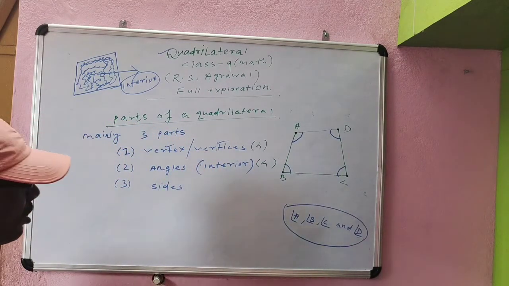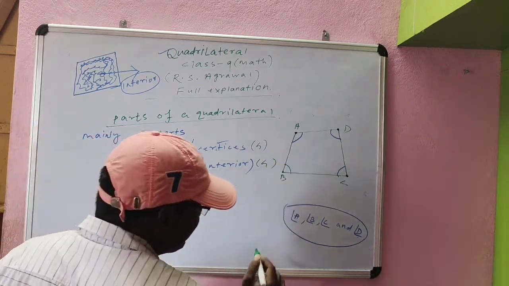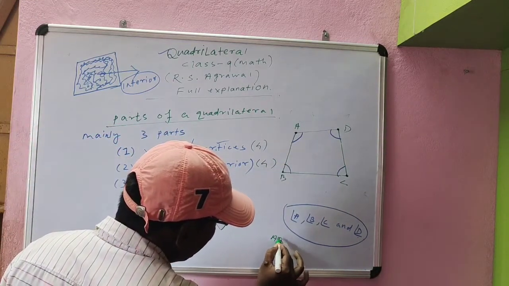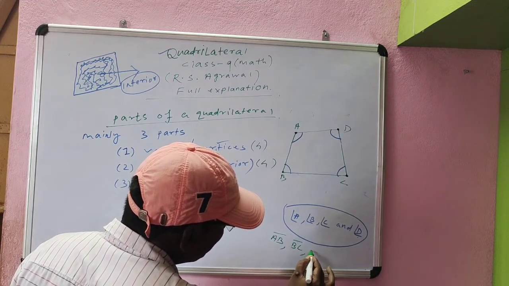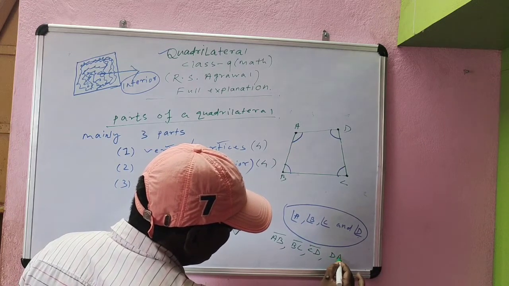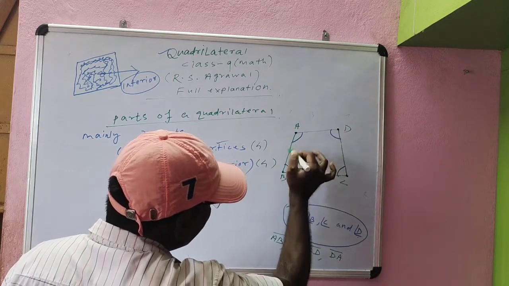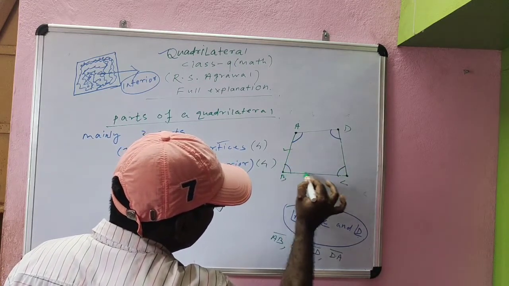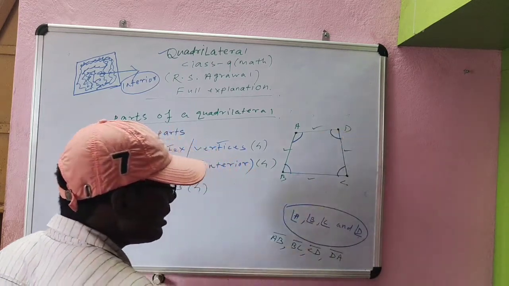Similarly, sides are also 4. AB line segment is a side, BC line segment is also a side, CD line segment is a side, and DA line segment is a side.